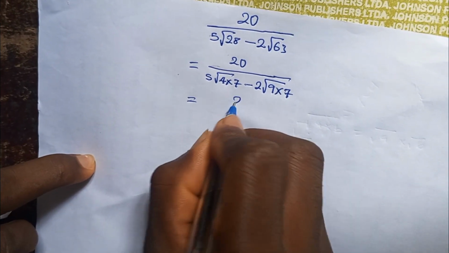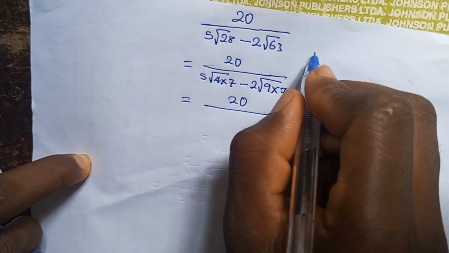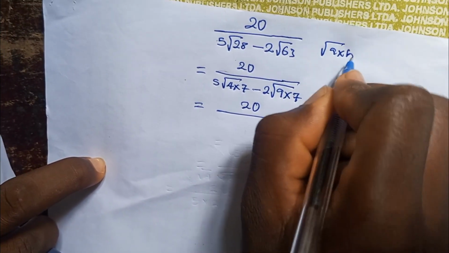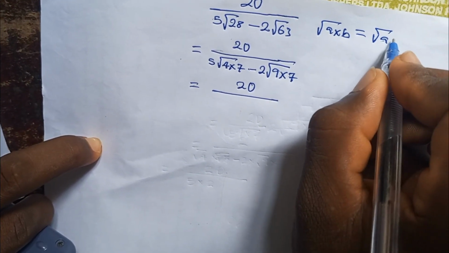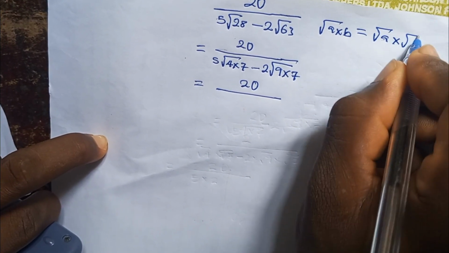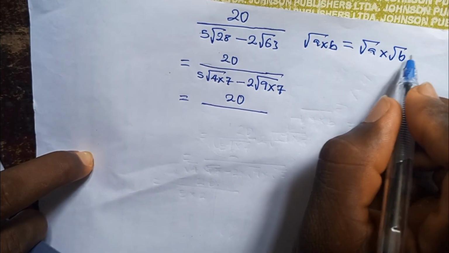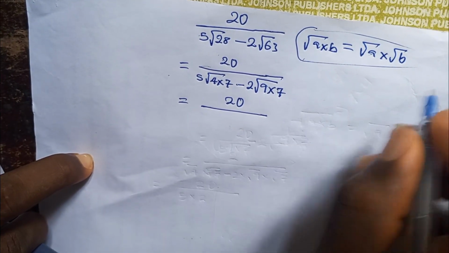So this is equals to 20 all over... One of the rules of surds states that when you have root of A times B, it is equals to root A times root B. So this is just rough work for you to understand.